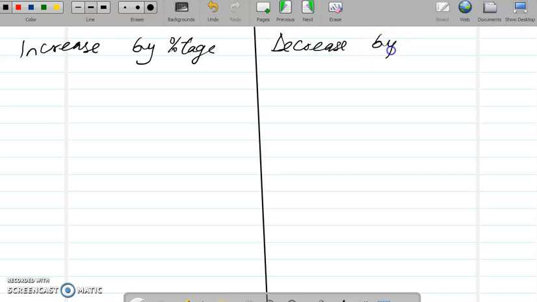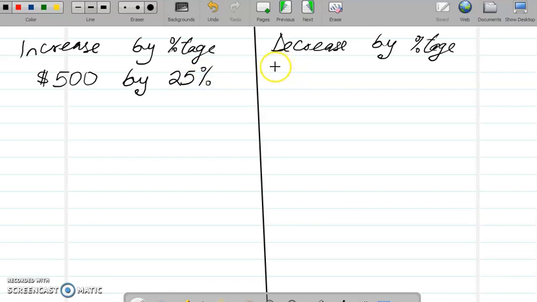Decrease by percentage. So maybe if we are asked to increase $500 by 25%, and maybe if you're asked to decrease $500 by 25%.